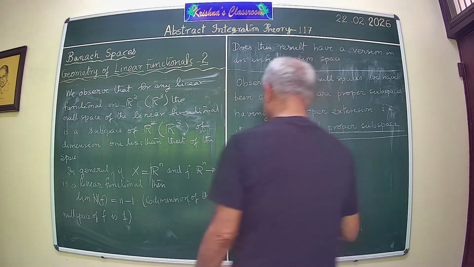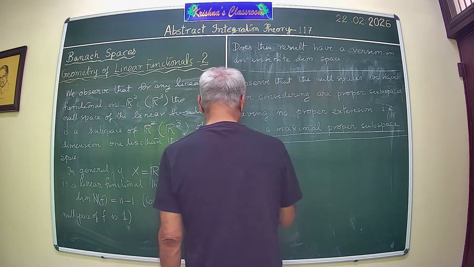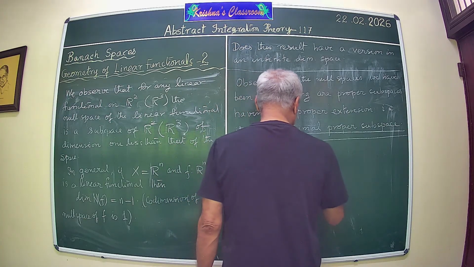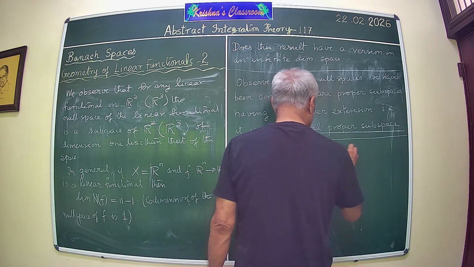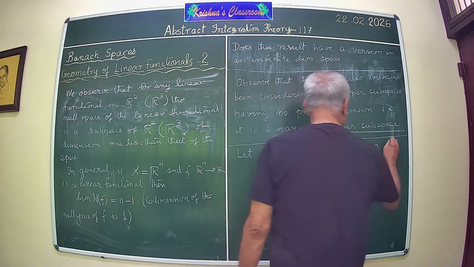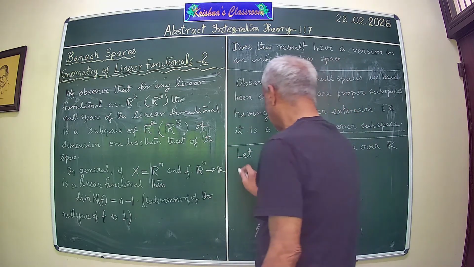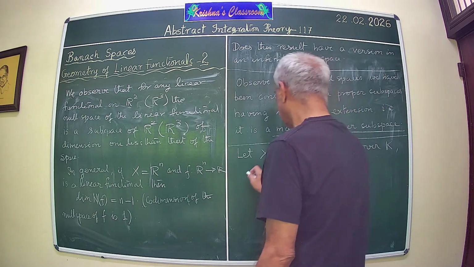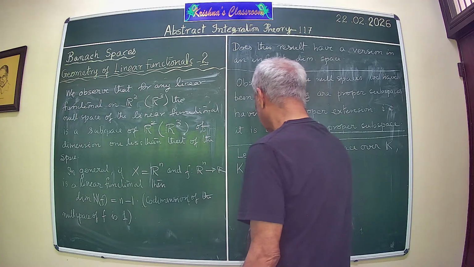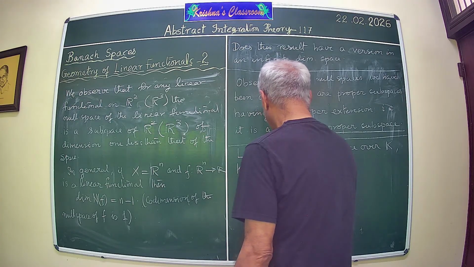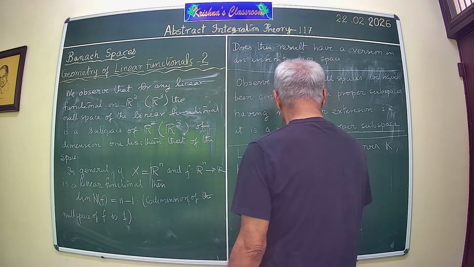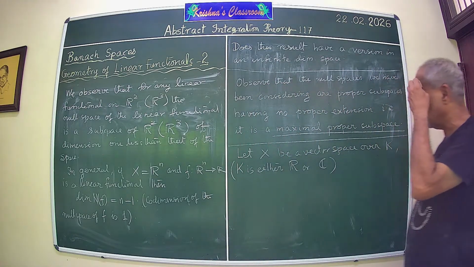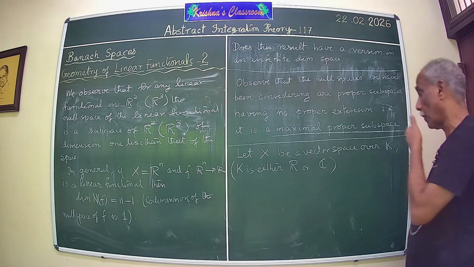Okay, we say that let X be a vector space over K. K stands for R or C, depending on whether the space is a real space or a complex space.